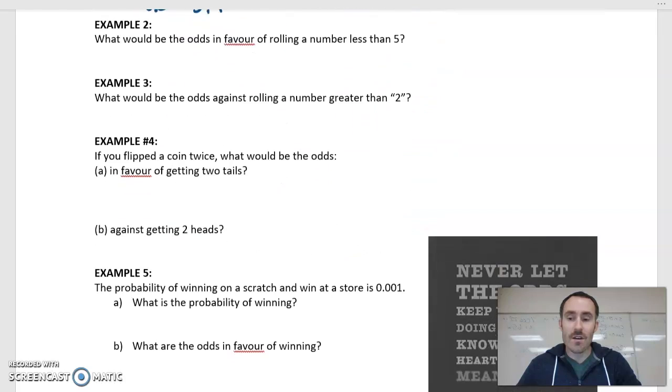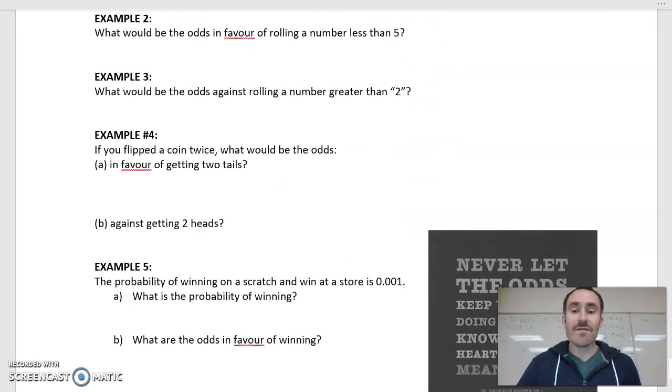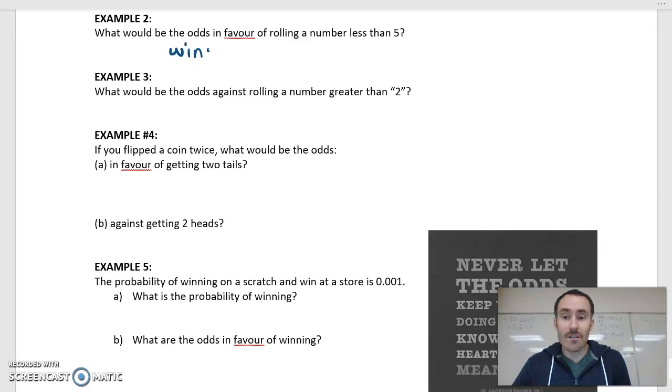Here we go. What would be the odds in favor of rolling a number less than 5? So we're rolling a die. Remember, odds in favor are, I'm going to write it like this, win versus lose.